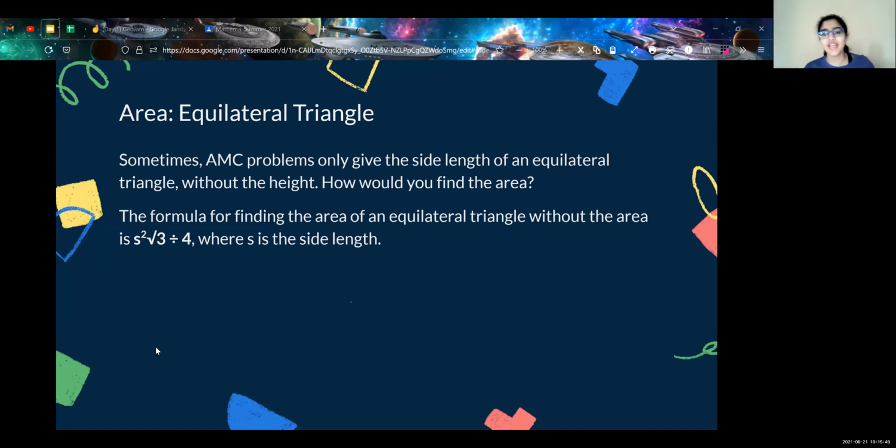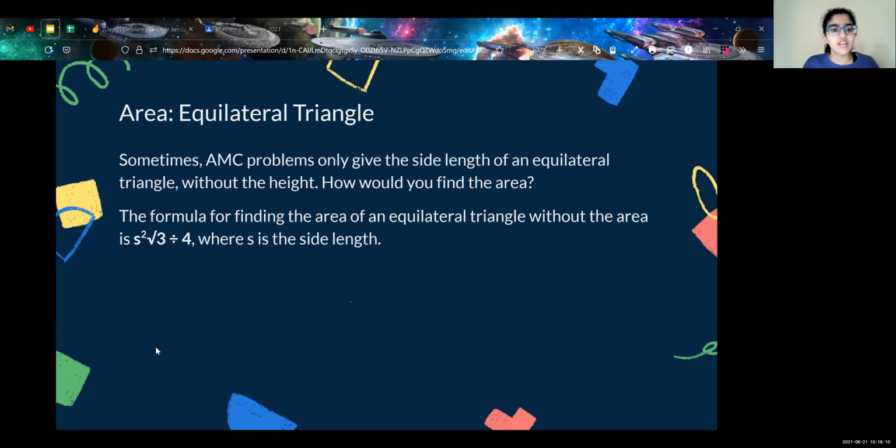Maybe it's my internet then. So for the formula for the area of an equilateral triangle, you take the side length and square it, multiply it by radical 3, and divide it by 4. This can also be done by finding half the side length, squaring that, and then multiplying it by radical 3. So we'll see an example on the next slide.